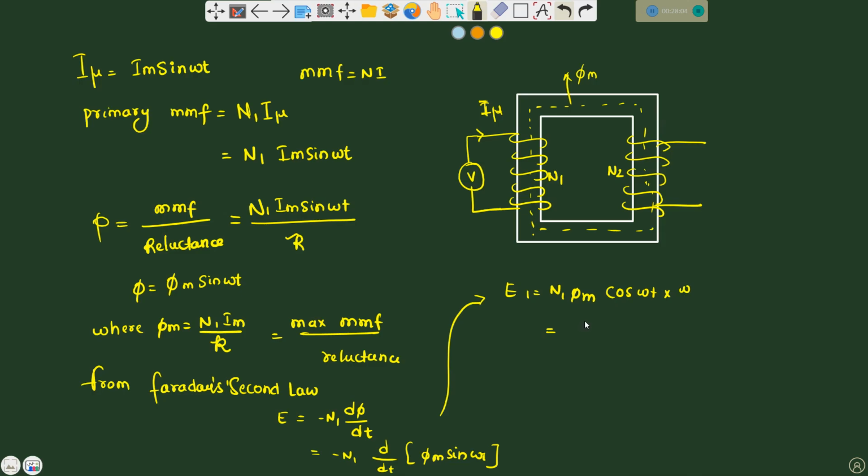So it will be N1 phi m omega cos omega t, which can be written as cos of omega t minus 90 degrees. So the self-induced EMF in the primary winding is lagging behind the flux by 90 degrees, correct? This minus represents Lenz's law.